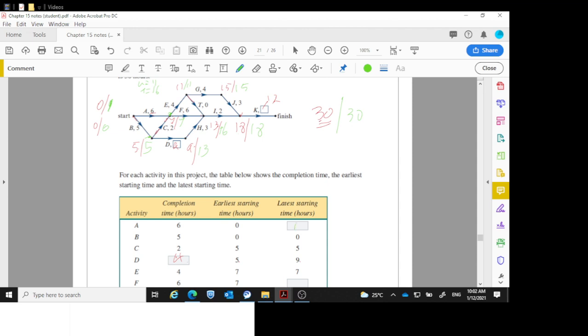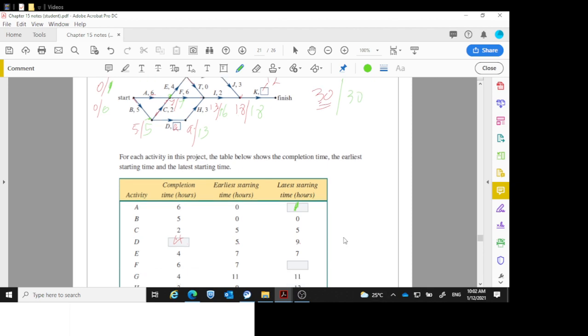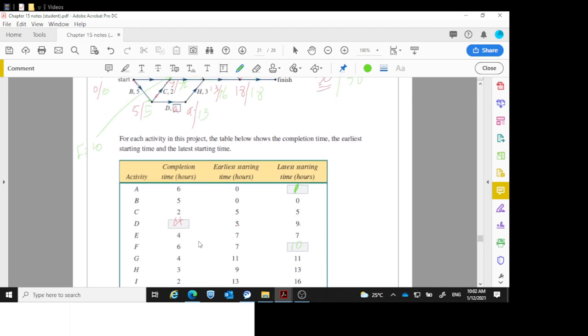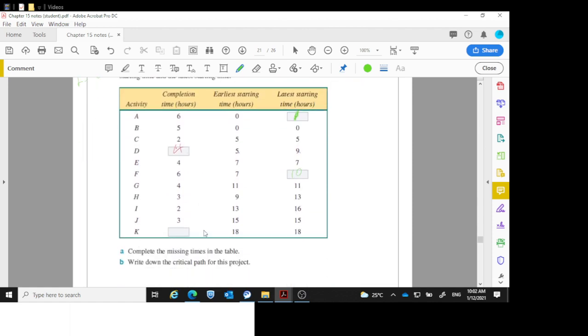Latest start time is 1 here for A. Okay, for F, the latest start time for F, there is F. Now remember, this 7 is coming from the E. So for the F, which I'll do down here, F is 16 minus 6, which is 10. So this one has to be a 10 in there, right? So along the F route. K, completion time in hours for K, we worked out was 12. So we've got our 12 there.